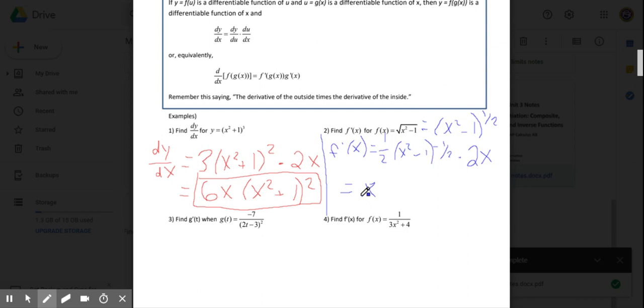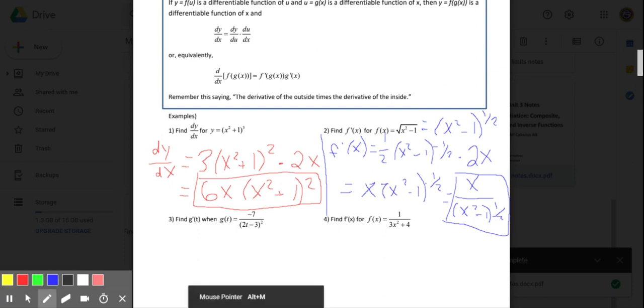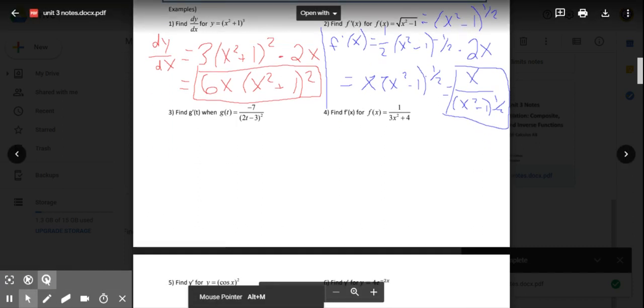Since this is a negative exponent, we can do that in 2 steps. We have x times x squared minus 1 to the negative 1/2, and then I will move that to the bottom. So we have x over x squared minus 1 to the 1/2. And that is our derivative using the chain rule.